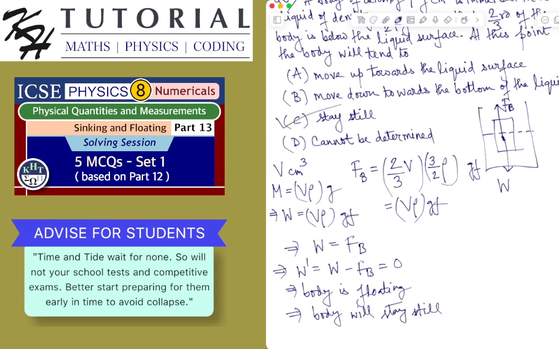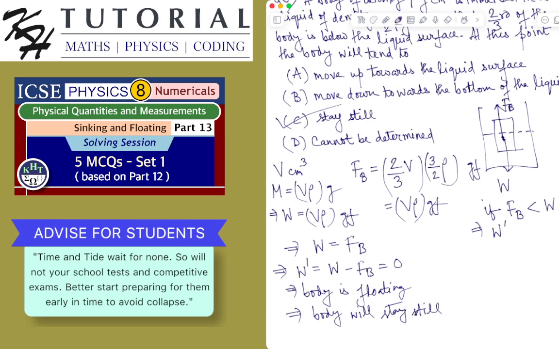If in this problem the buoyant force is less than W, this will imply that the net force is W minus FB.